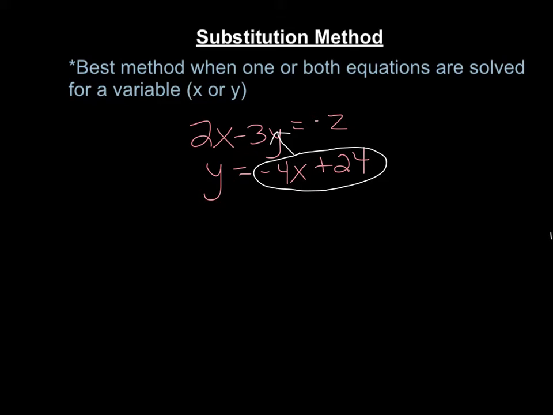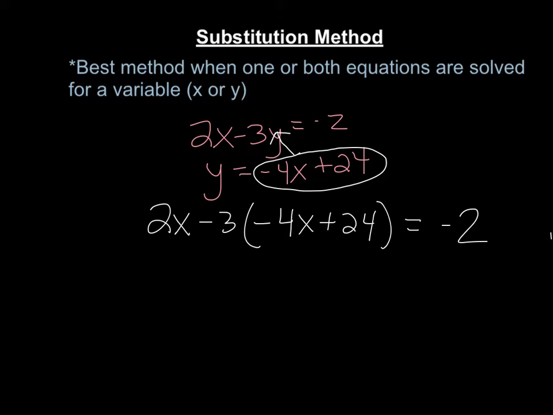So when we substitute for y, we'll have 2x minus 3 times, always put your substitutions in parentheses, negative 4x plus 24, because that's what y equaled. Next, we need to use the distributive property to distribute that negative 3 to the negative 4x and the 24.